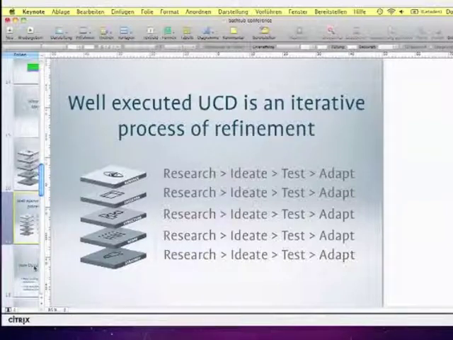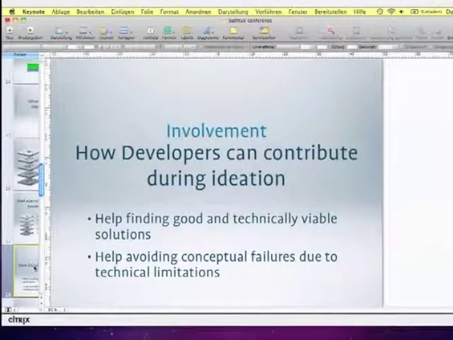Now, the thing is that during this phase, developers can really contribute to the ideation process. They can help find good and technically viable solutions.